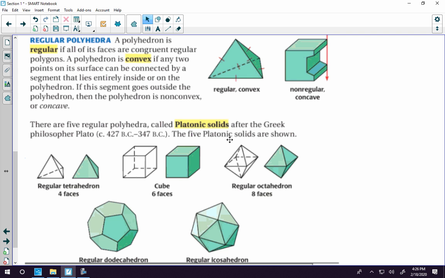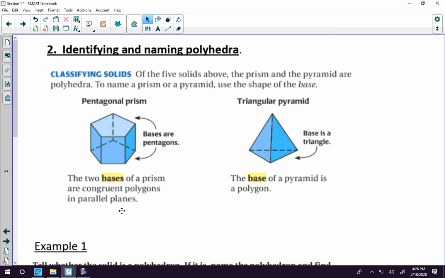If we flip over to the next page, let's identify and name some different kinds of polyhedra. If you look at the 3D shape on the left, I noticed that it's a prism. What are prisms? Prisms are polyhedrons that have two congruent polygon bases.